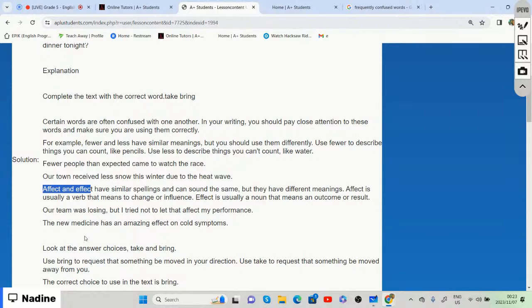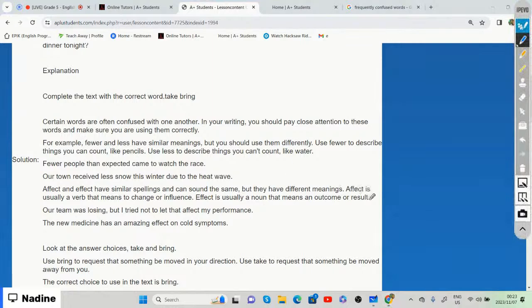However, affect and effect have different meanings. Affect is usually a verb that means to change or to influence.